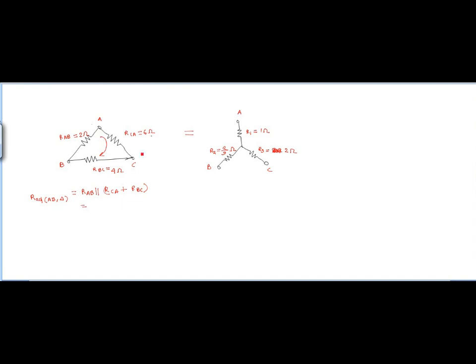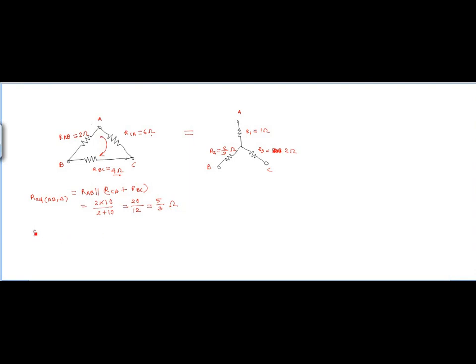RCA is 6 ohm, this is 4 ohm, that means 6 ohm plus 4 ohm is 10 ohm. 2 into 10 ohm by 2 plus 10 ohm equals 20 divided by 12, equal to 5 divided by 3 ohm.